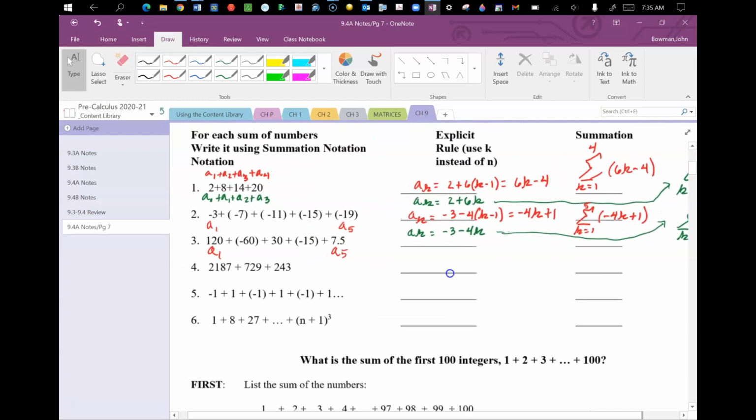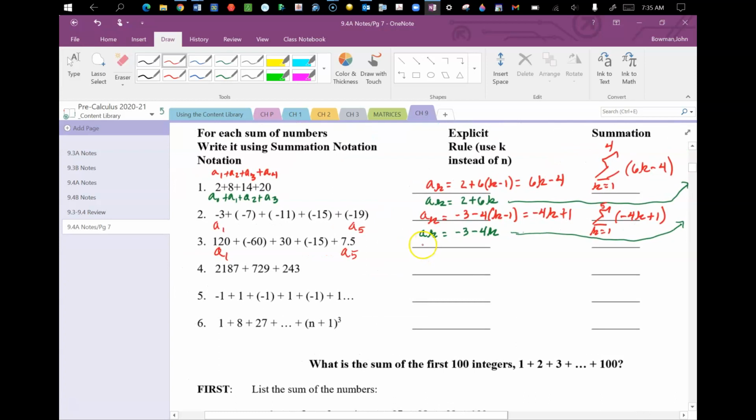We need to write the explicit rule for this. So our explicit rule is A sub k is equal to the first term, 120, times the common ratio. The common ratio is -1/2 to the k minus 1 power. And that's as simplified as we're going to make that.